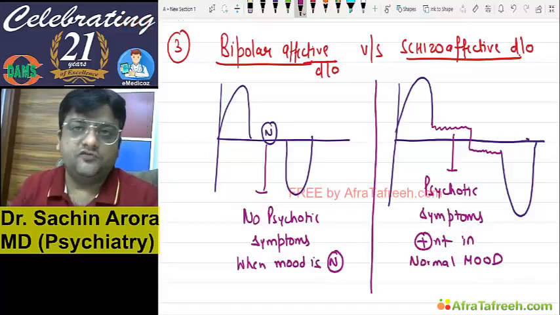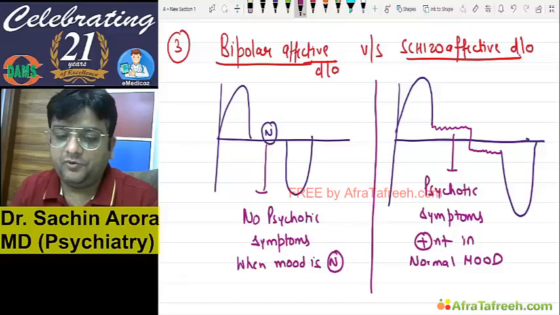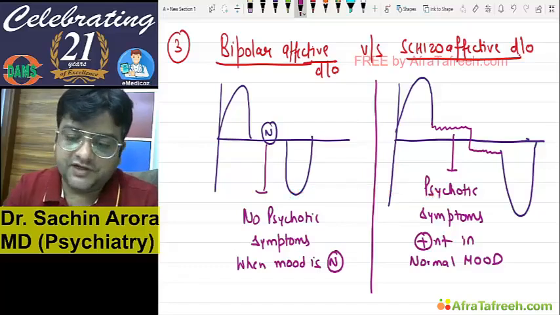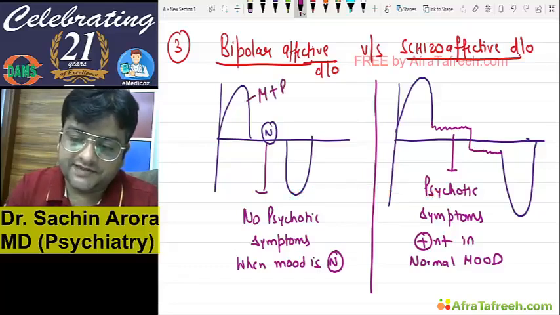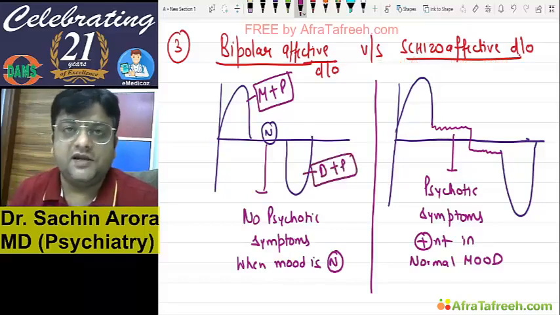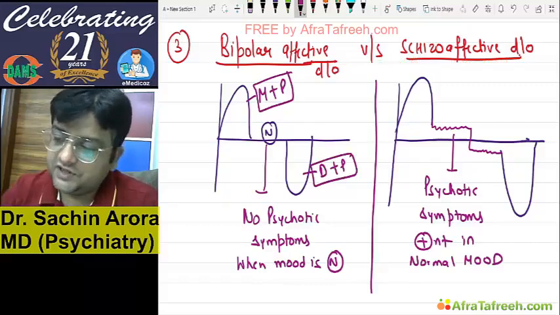This is how you will differentiate bipolar affective disorder from schizoaffective disorder, because even bipolar disorder can have mania plus psychosis, can have depression plus psychosis, but when the mood is normal, they will not have psychosis.